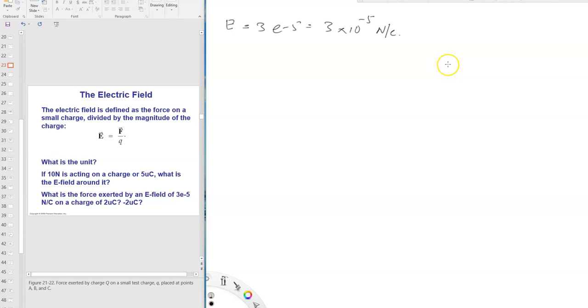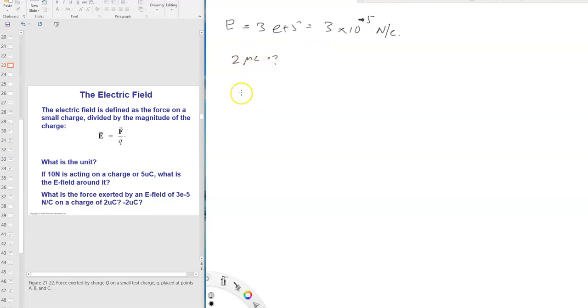So this is a very, very weak electric field. Let me change the number. Okay, I'm changing the question. Let's say the electric field is 3 times 10 to the 5 newtons per coulomb. What is the force exerted by this field on a charge of 2 microcoulombs?